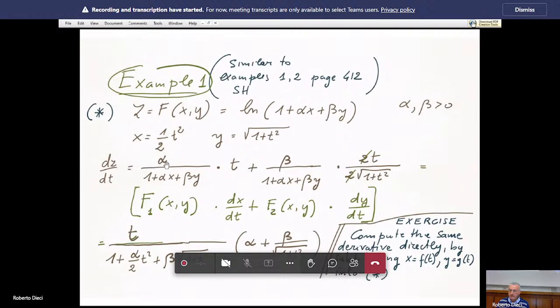I have to compute the ingredients of my model, so the partial derivative of z with respect to x is alpha divided by 1 plus alpha x plus beta y. It is itself a composite function of t, okay? And this must be multiplied by the time derivative of x, which is just t.